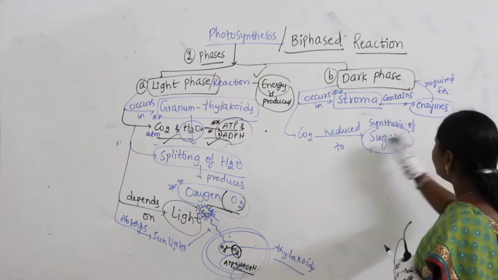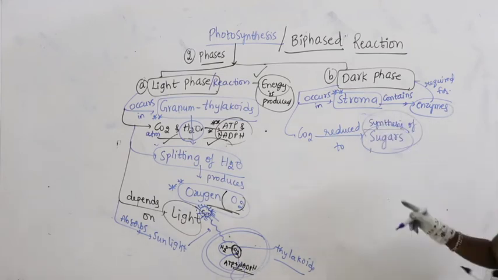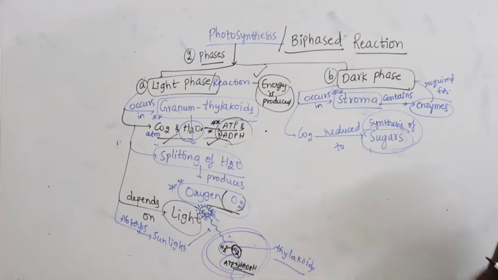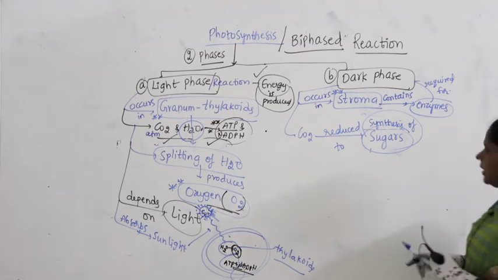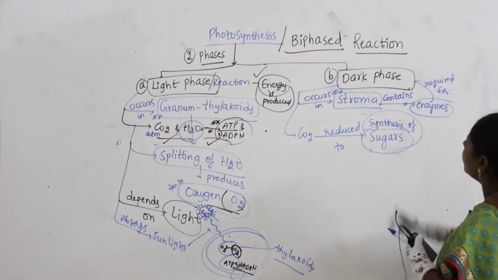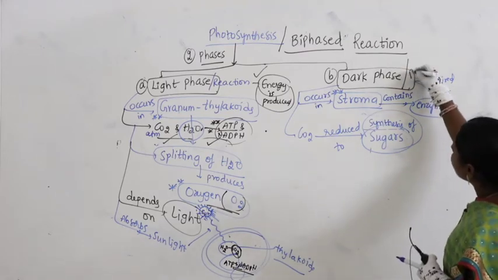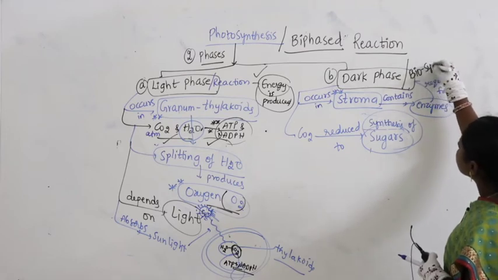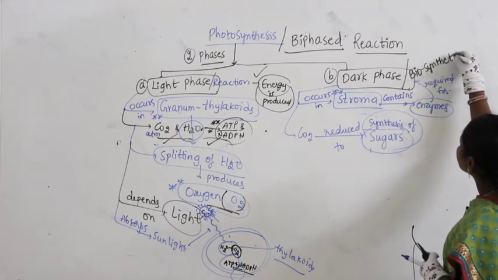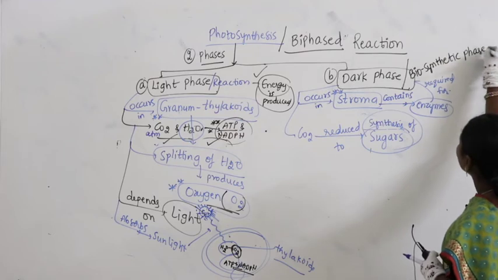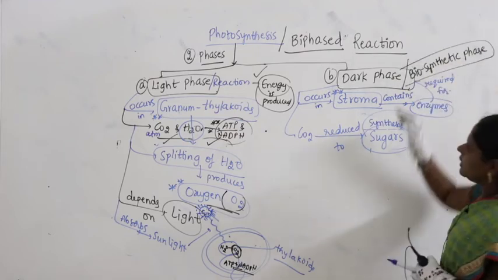In the dark phase, you find synthesis of sugars. As there is synthesis of sugars, that is why the dark phase is also called the biosynthetic phase.